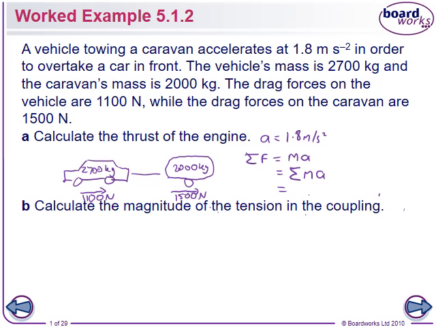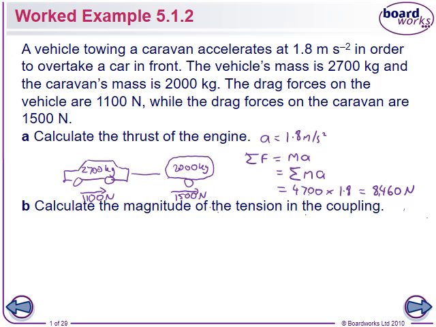Our net mass is 2,700 plus 2,000, so 4,700 multiplied by 1.8. I brought a calculator today. If someone's faster than me, go for it. 460? 460, thank you. 8,460 newtons. That is our net force.